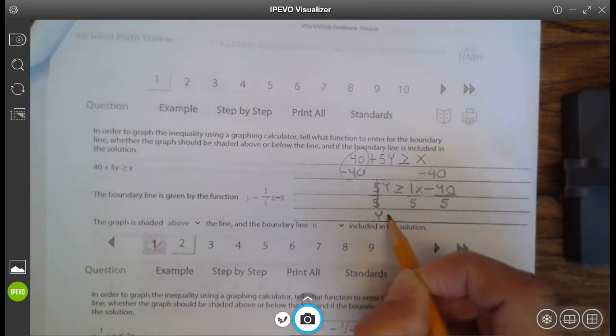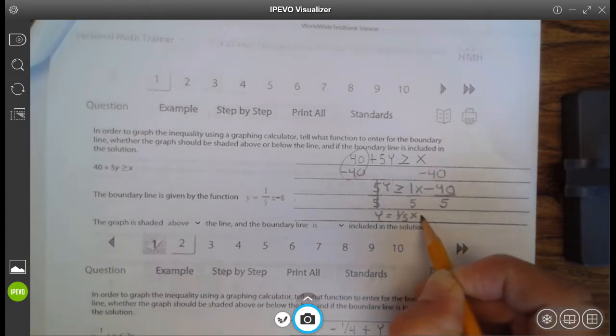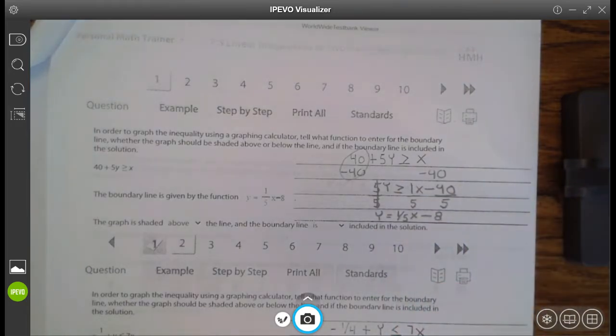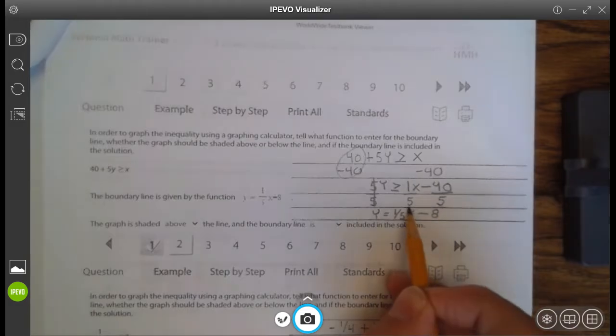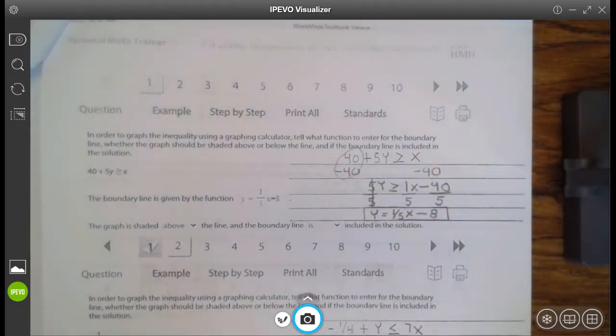So you get y is greater than or equal to 1/5 x minus 40 divided by 5, which is 8. Okay? The boundary line is given by the function y equals 1/5 x minus 8. The graph is shaded above the line, and the boundary line is included in the solution.